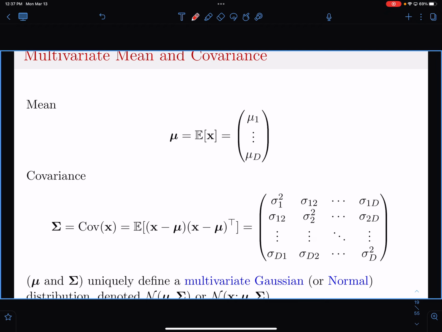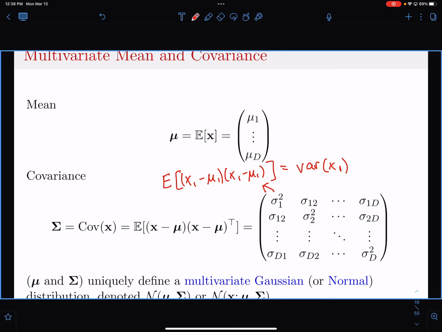If we were just to focus on one of these terms up here, this is equal to the expected value of x1 minus mu1 squared, and that's just equal to the variance of x1. Similarly, we can do this for every single entry.